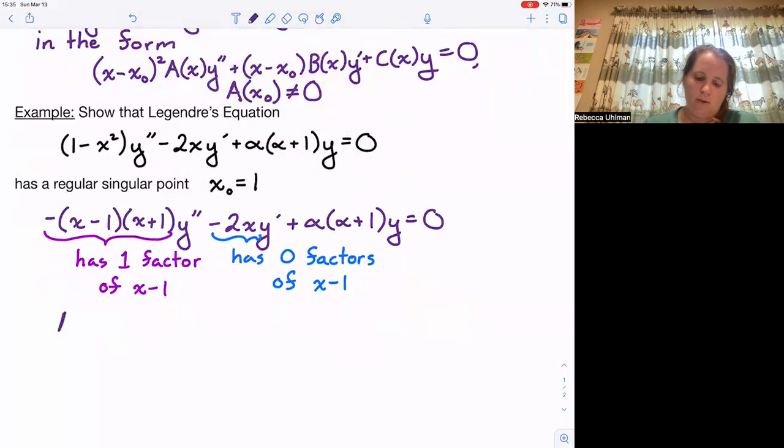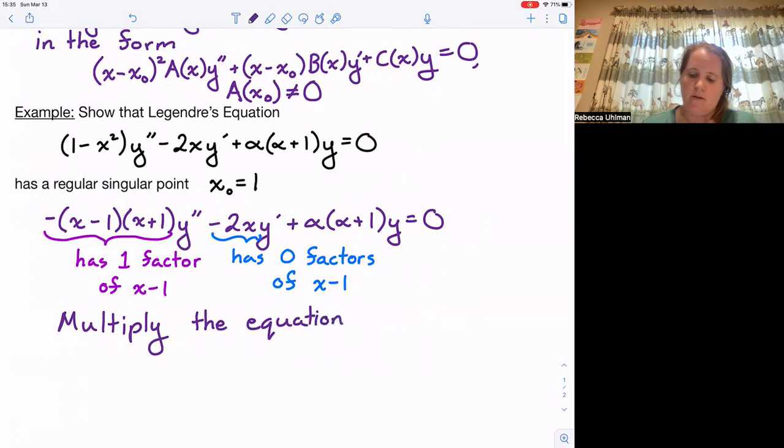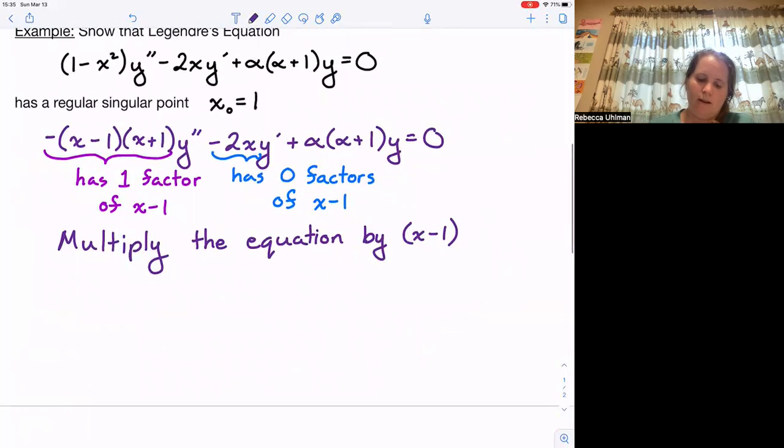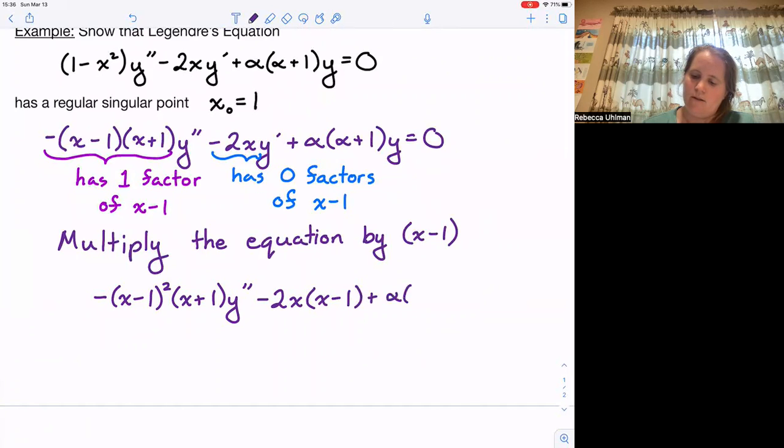So again, we'll multiply the equation by x minus 1. And we wind up with a negative x minus 1 squared times x plus 1 times y double prime minus 2x times x minus 1 times y prime, plus alpha times alpha plus 1 times x minus 1 times y, all of that equal to 0. I apologize, that second term should have been minus 2x times x minus 1 times y prime.